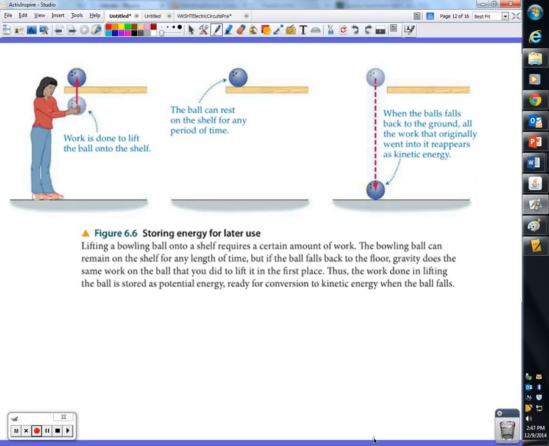In order to lift the bowling ball from the ground to the shelf, she needs to apply a force to that bowling ball, yes? And she's applying the force, which I should show in red because it's red in this picture. So she has applied a force, we'll call it applied force, in lifting that bowling ball from the ground to the shelf.